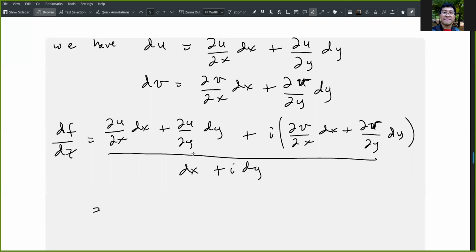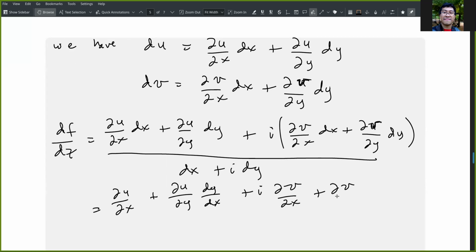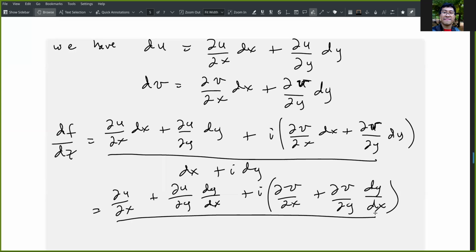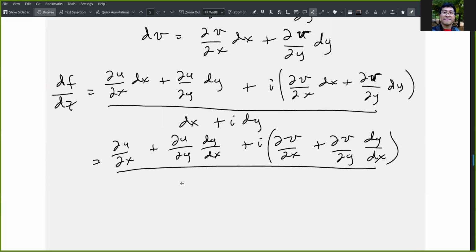The next step, we divide the numerator and the denominator by dx. So dx by dx is 1. You have partial u with respect to x times 1, plus partial u with respect to y dy by dx, plus i partial v with respect to x times 1, plus partial v with respect to y dy by dx, divided by 1 plus i dy by dx.